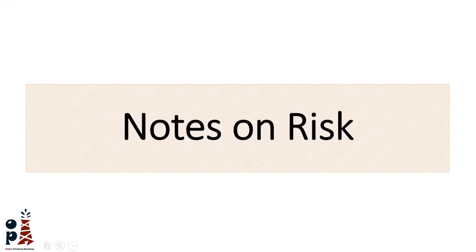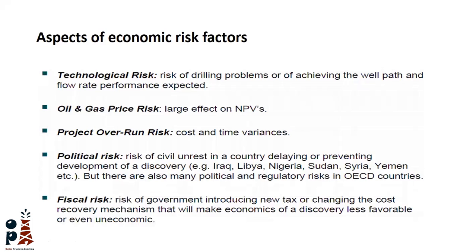So now we move on to the last part of this presentation, risk analysis. So what is the risk in our project? We have technological risk, which is the risk of a drilling problem or not achieving our target or not achieving the expected flow rate of the producing well. Second, we have oil and gas price risk, as we see from the statistics that we have.